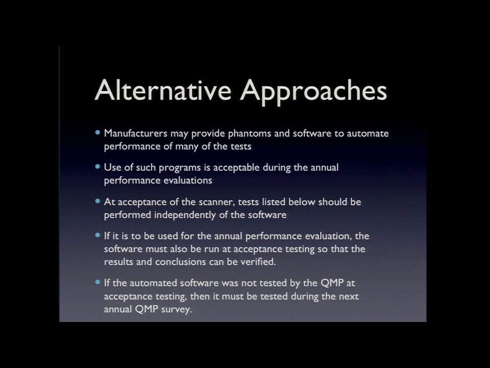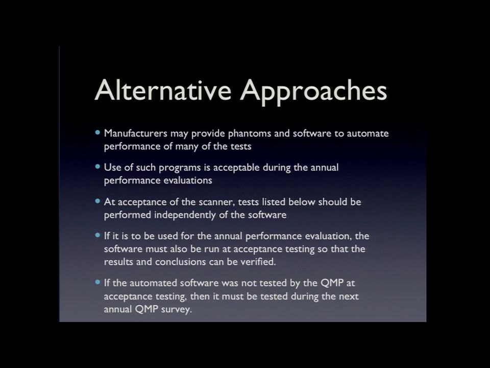Unless you do it right the first time at acceptance testing with their phantom, verify that it passes with the manufacturer's protocols and their criteria. And then if you have another method of doing it just for quality control, because quality control is really just seeing that it maintains a performance level, then you can use that.